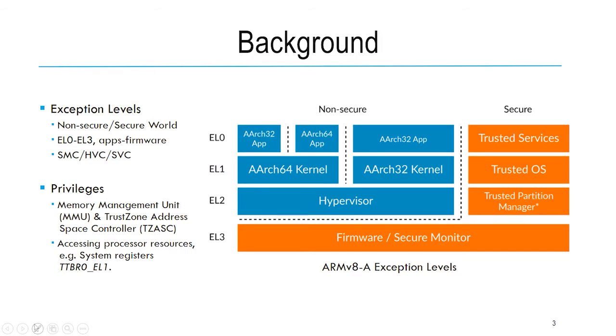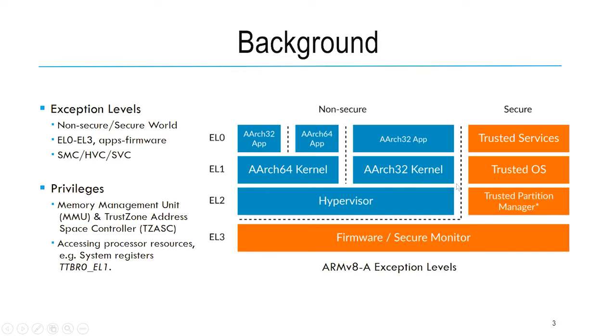Before elaborating our work, some background knowledge is necessary. Firstly, we need to know the ARMv8-A exception levels. As shown in the figure, the exception levels are referred to as EL0 to EL3. EL0 is the least privileged one, typically used for applications, and EL1 is for the operating system, while EL0 and EL1 are available in both the non-secure world and the secure world.